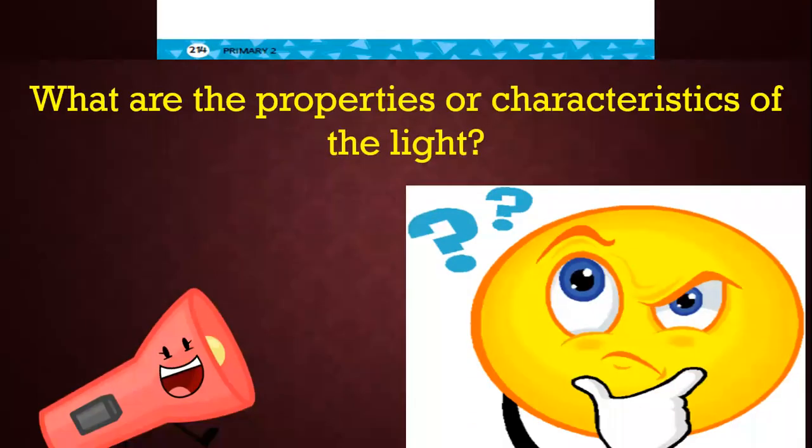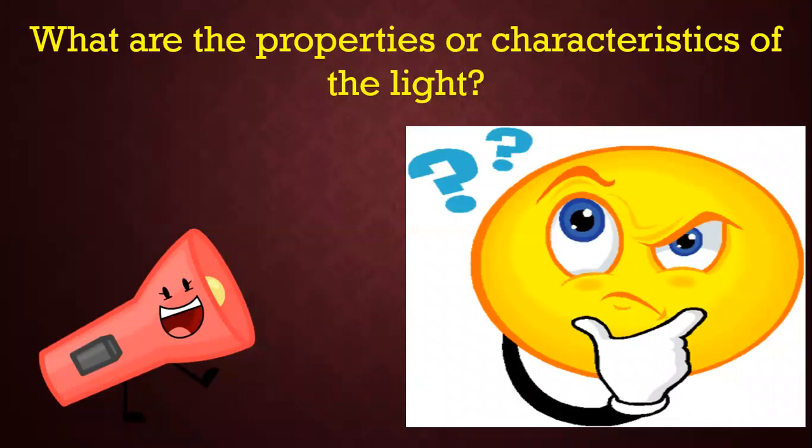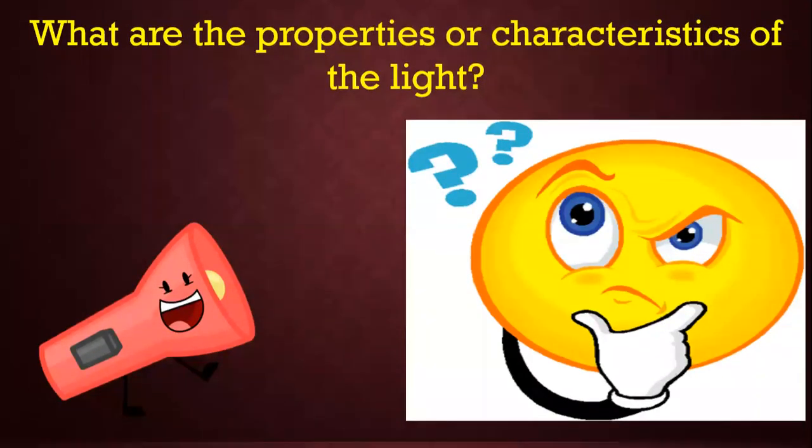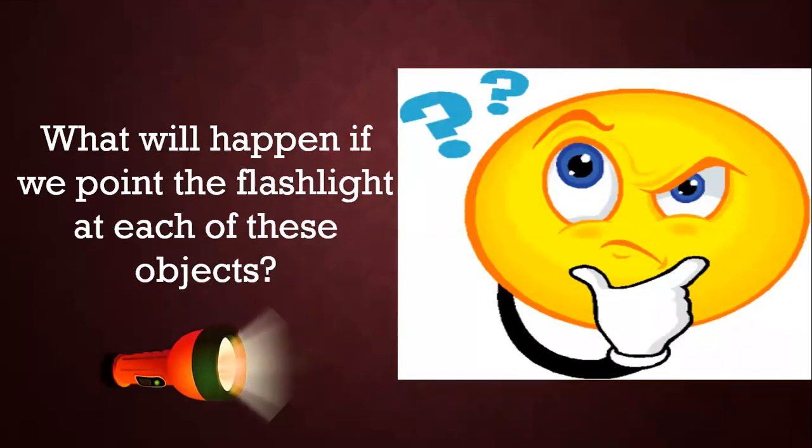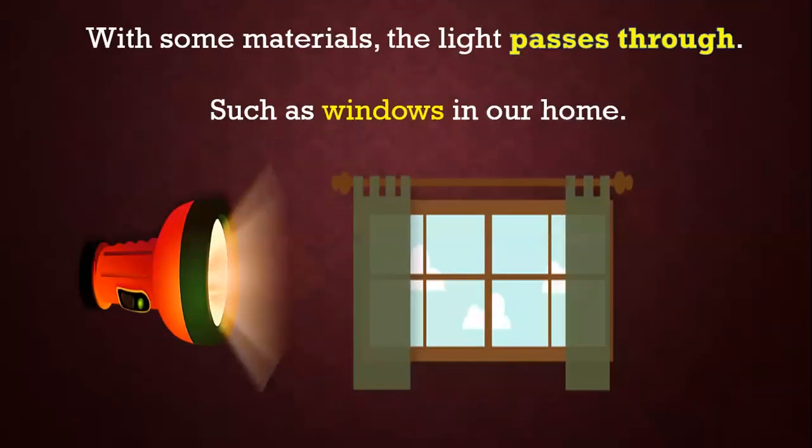Do you know what the properties or characteristics of light are? The light interacts with some objects in different ways. Let's think. What will happen if we point or direct the flashlight at each of these objects? Light passes through some materials, as windows in our homes.